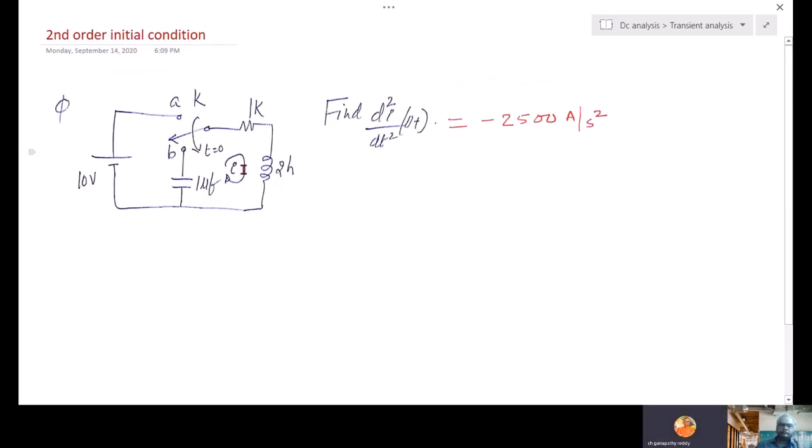Another problem, initial value. So this switch K moved to B at t equal to 0, find d square I by dt square. This is the question.